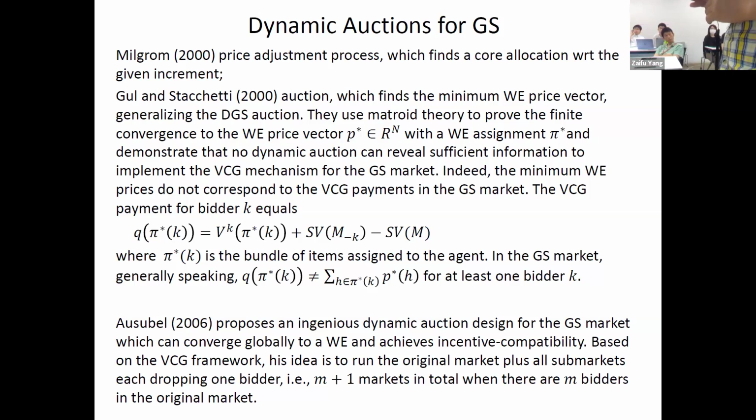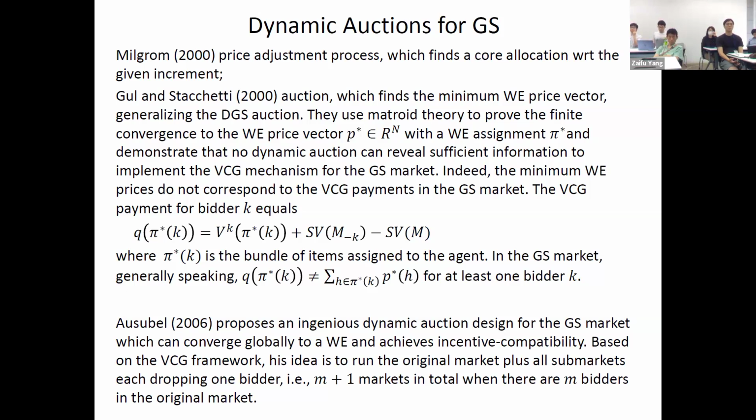So that's very crucial. Here, of course, they stick to the minimum price vector, but the minimum price vector does not correspond to the VCG. So how can you achieve that?